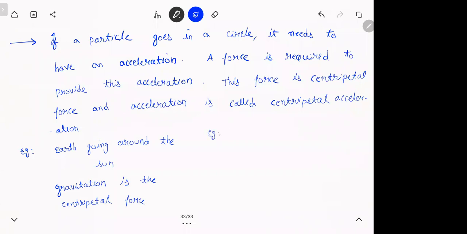In the same way, suppose you have a string and a block, and the block is going in a circle like this. Here the tension in the string is the centripetal force. Because of the tension, it is going in a circle. So when you say centripetal force, it is not a new force. Friction, tension, gravitation, anything can be a centripetal force.